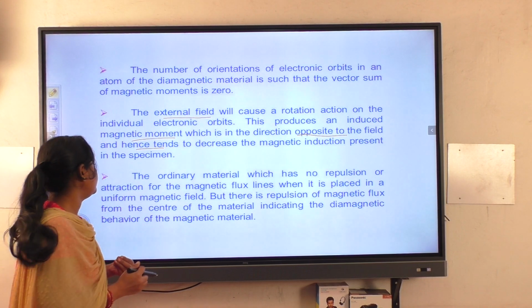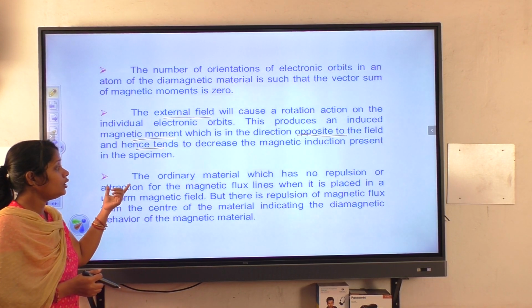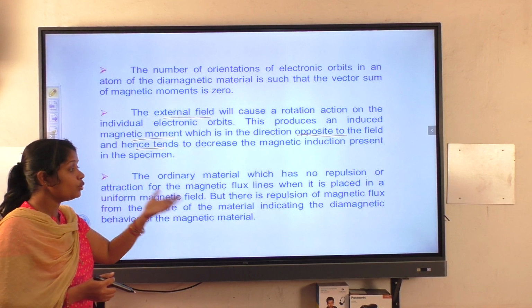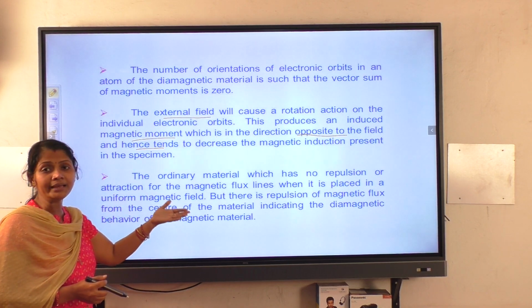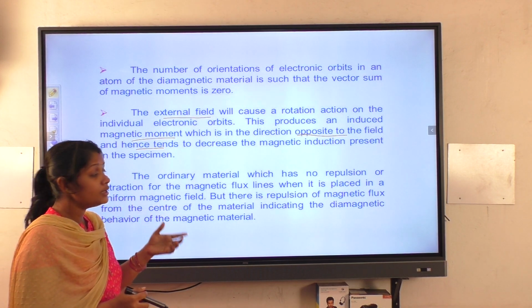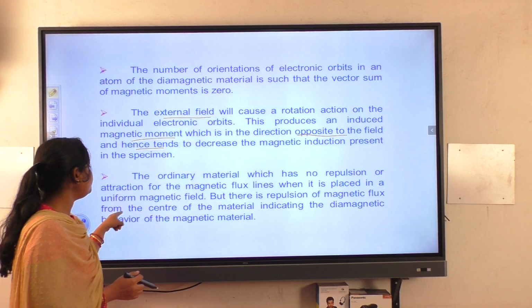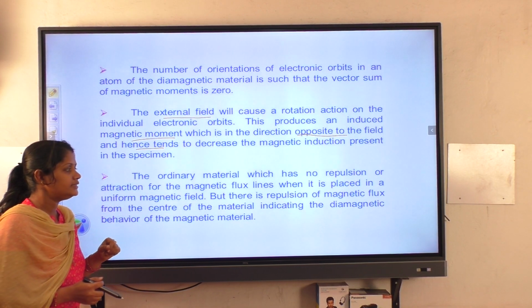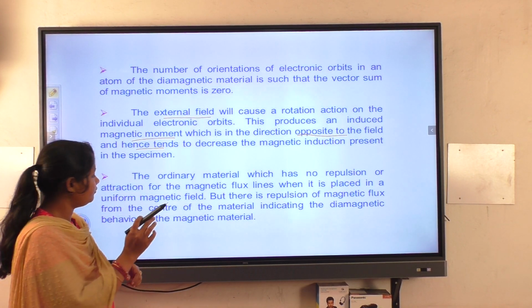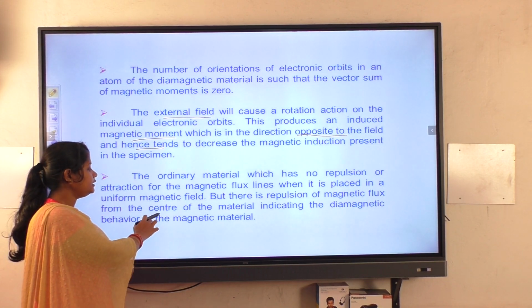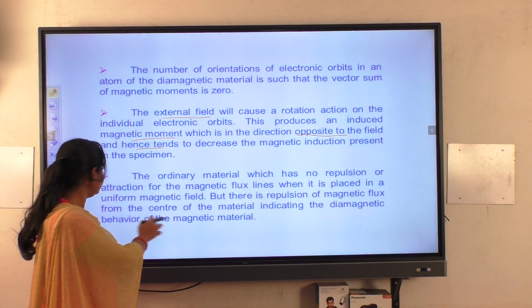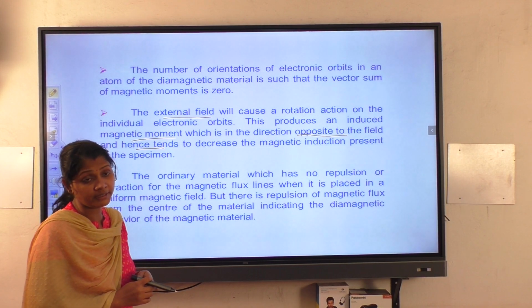Next, an ordinary material has no repulsion or attraction of magnetic flux lines when it is placed in a uniform magnetic field, but there is a repulsion of magnetic flux from the center of the material, indicating the diamagnetic behavior of the material.